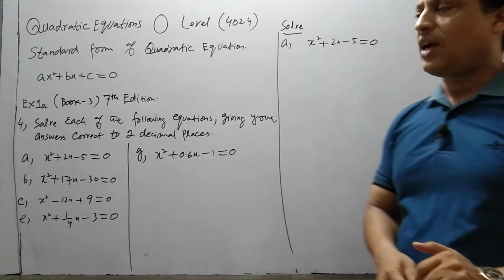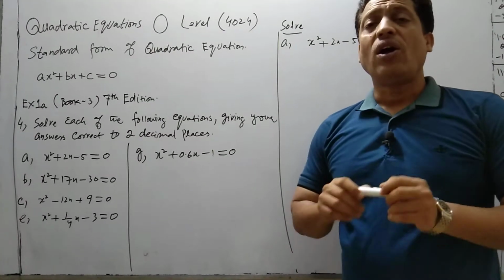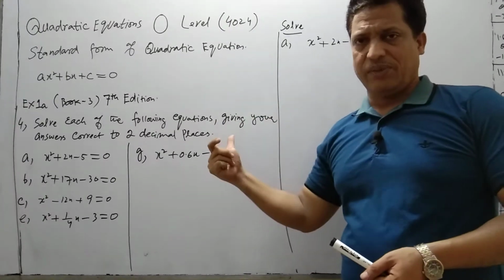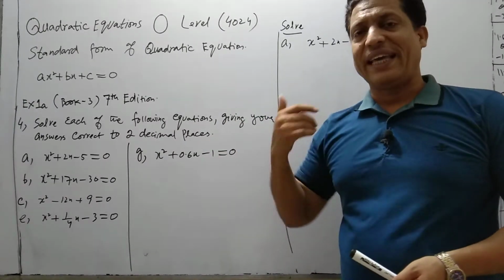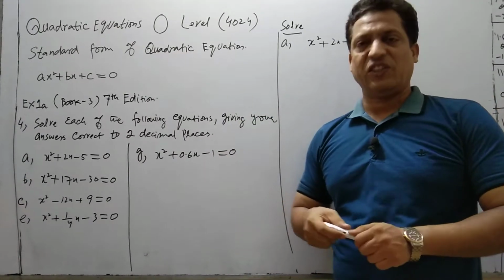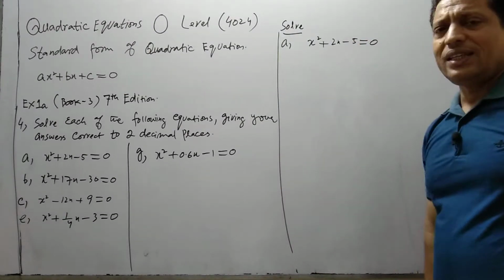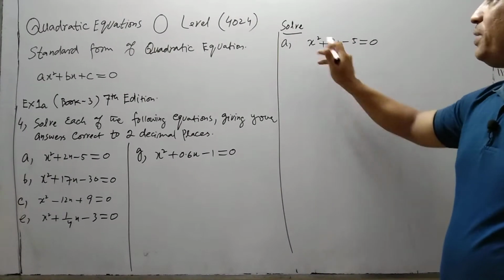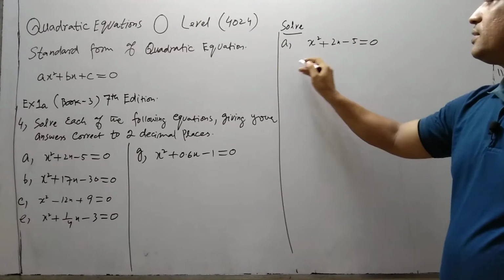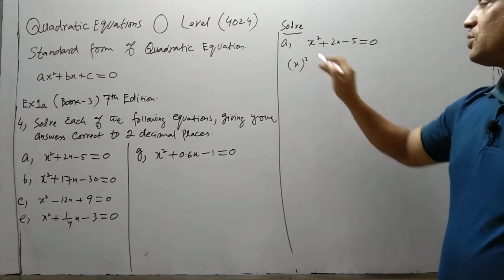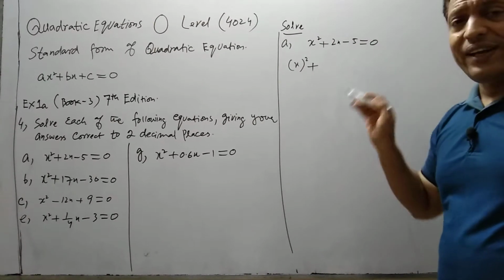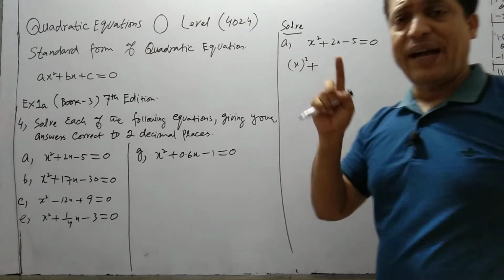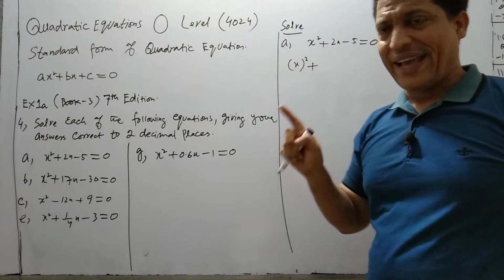What is the completing square method? You have already learned it in question number 3, but I repeat the whole method for your satisfaction. Take x square, and always divide the coefficient of x by 2.